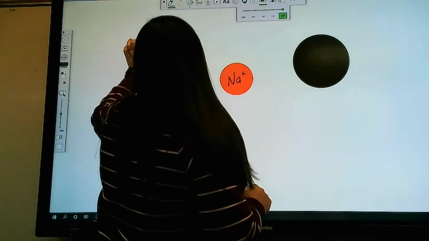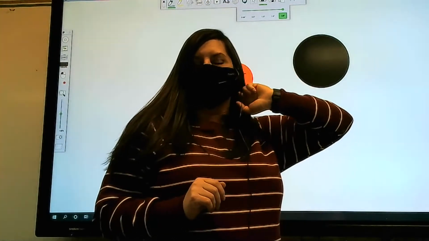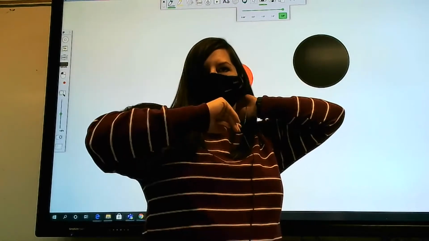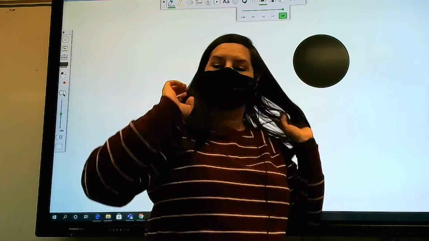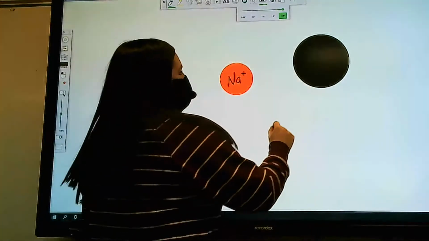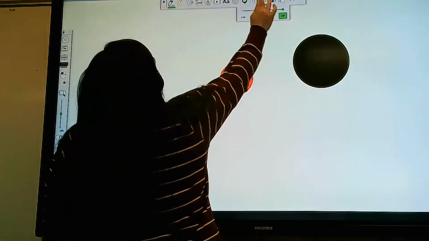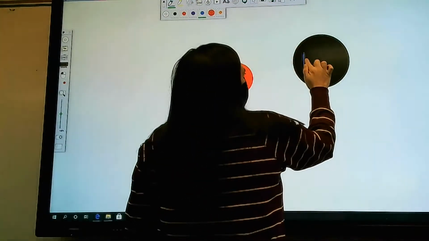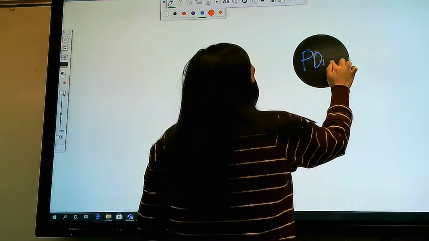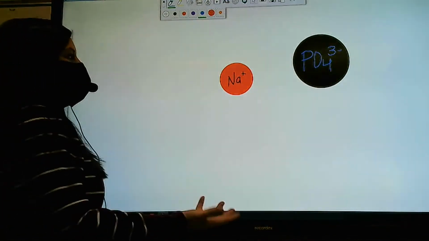All right, so phosphate is what? What is the entire formula of phosphate? PO4 3 minus. So what that means is this entire structure is what phosphate looks like.